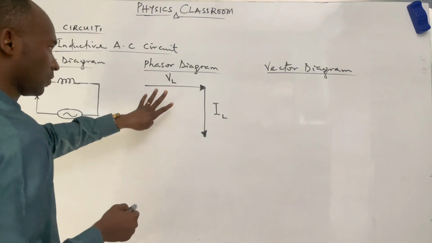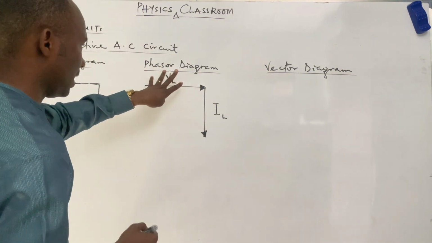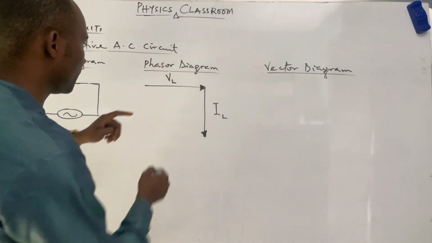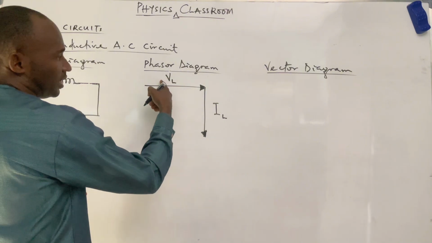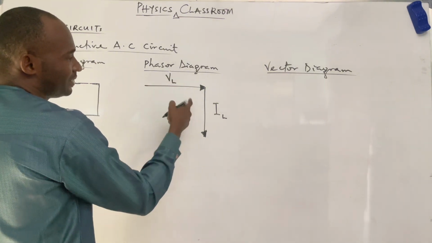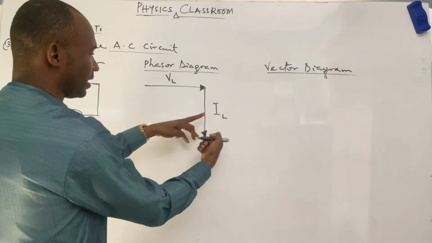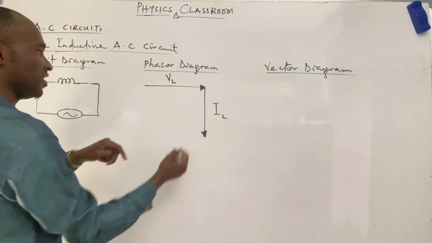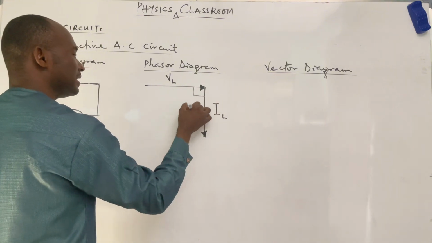So as shown in the diagram, the voltage leads while the current lags. That is, you can say current lags voltage by 90 degrees.